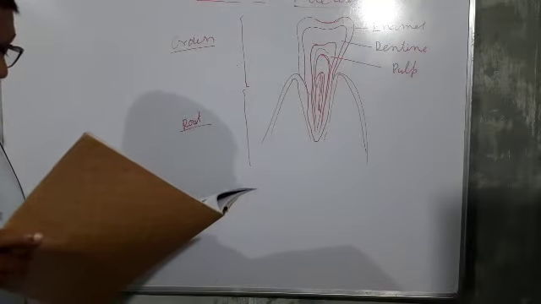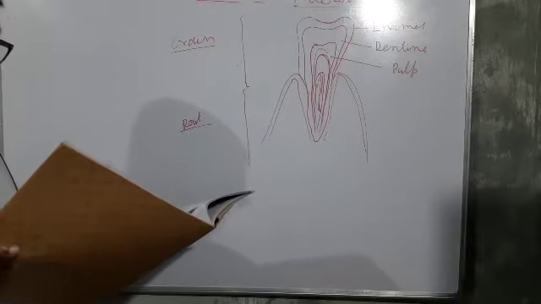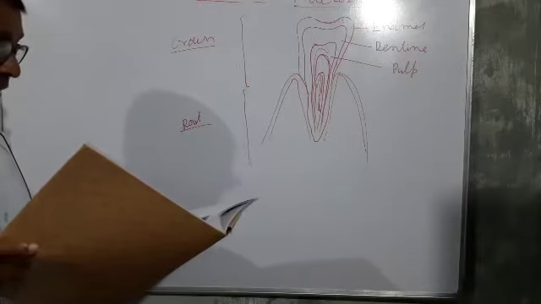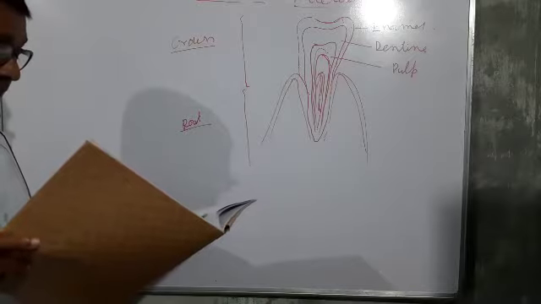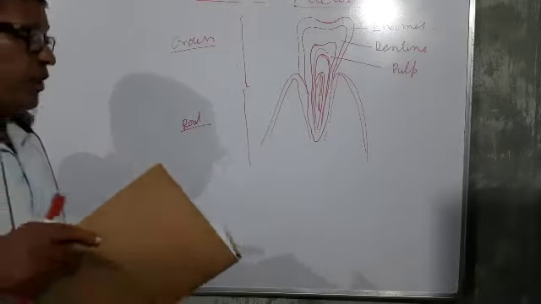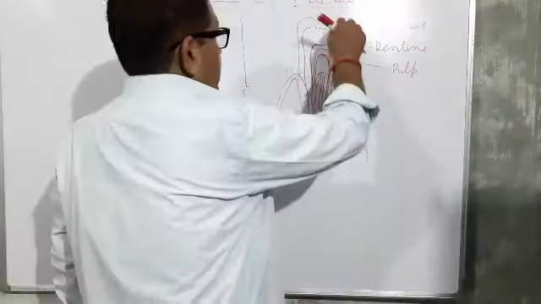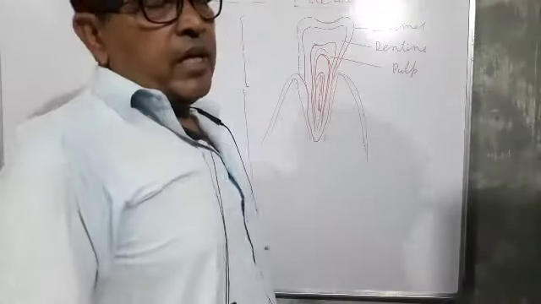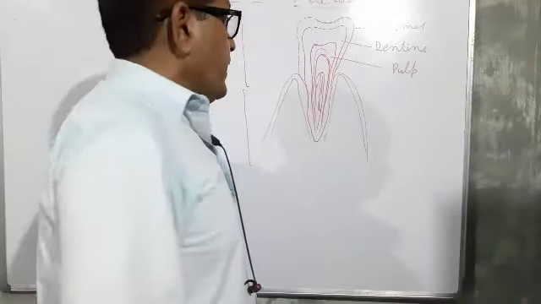The crown of each tooth has a coating of enamel of varying thickness. This is the enamel. Enamel is the hardest substance in the human body.